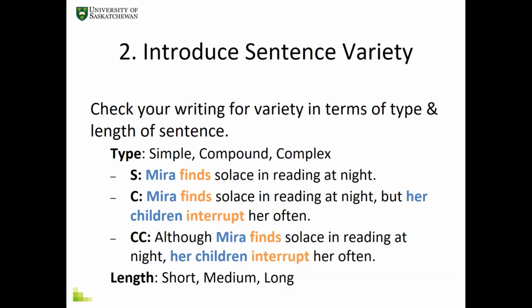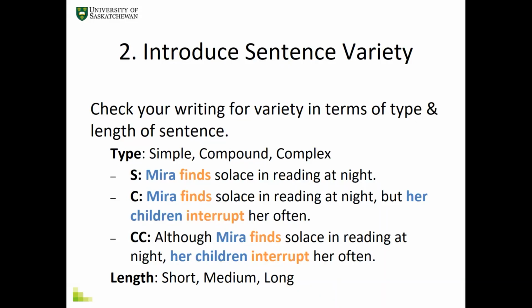The verbs I've shown in orange here. And then we have the complex sentence, where we have a subordinating conjunction like although or if or because before one of the subject-verb-objects in a sentence with two parts. That's a whole other workshop if you're interested in learning more about it.